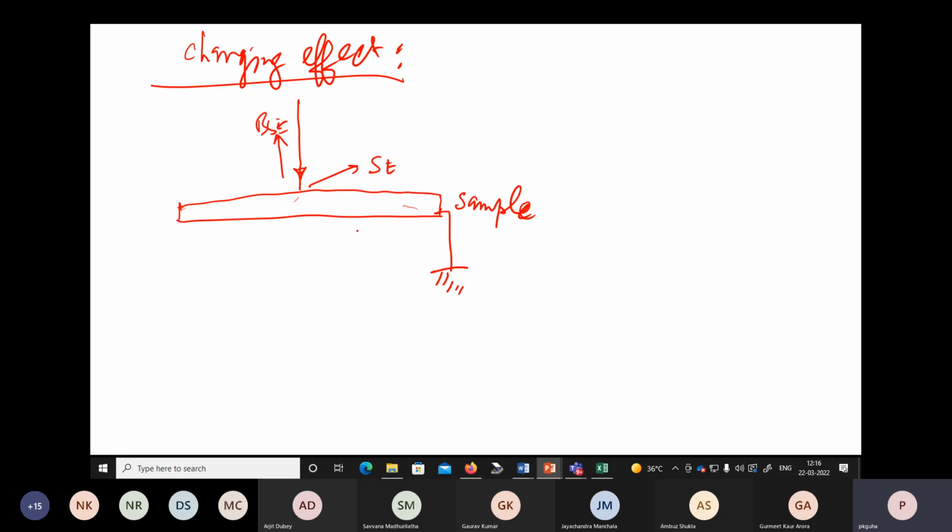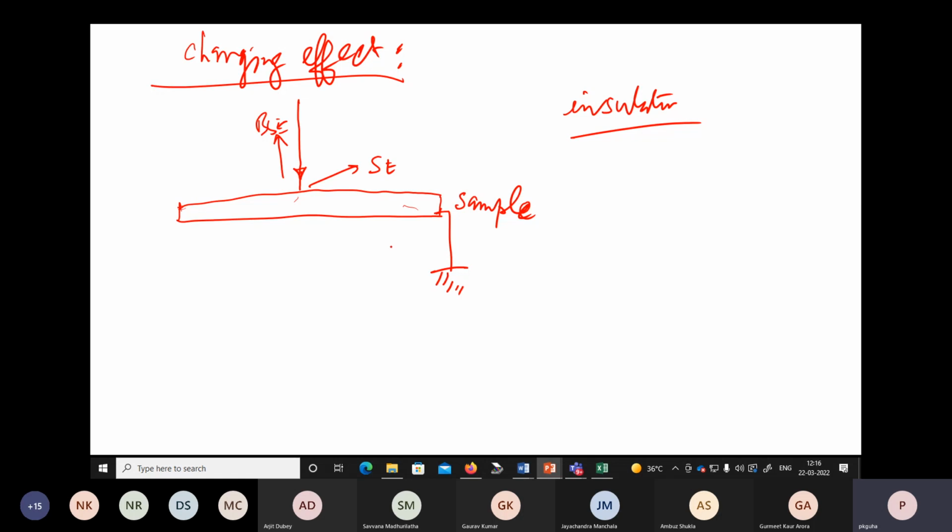Now, if the specimen or sample is insulating in nature, or its conductivity is extremely low, the incident electrons can't flow through the sample to the ground.